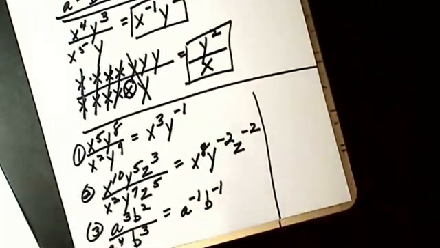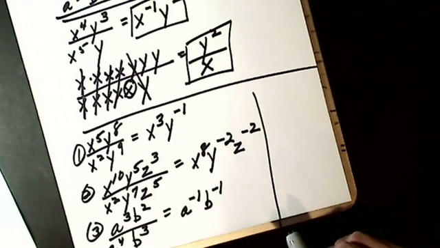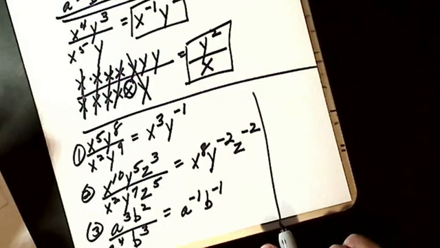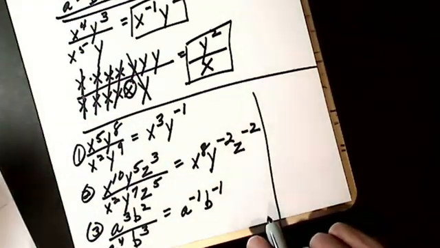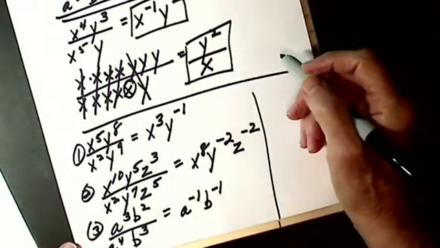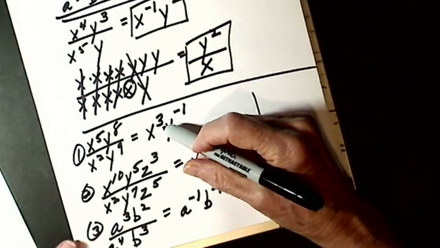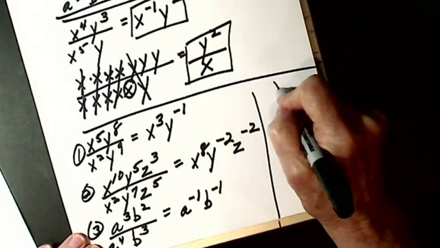Now, if for some reason I am told to convert my answers to positive exponents, anytime I have a negative, I can take a numerator, put it in the denominator, or denominator, put it in the numerator. So, x cubed is not negative, so that means it stays.